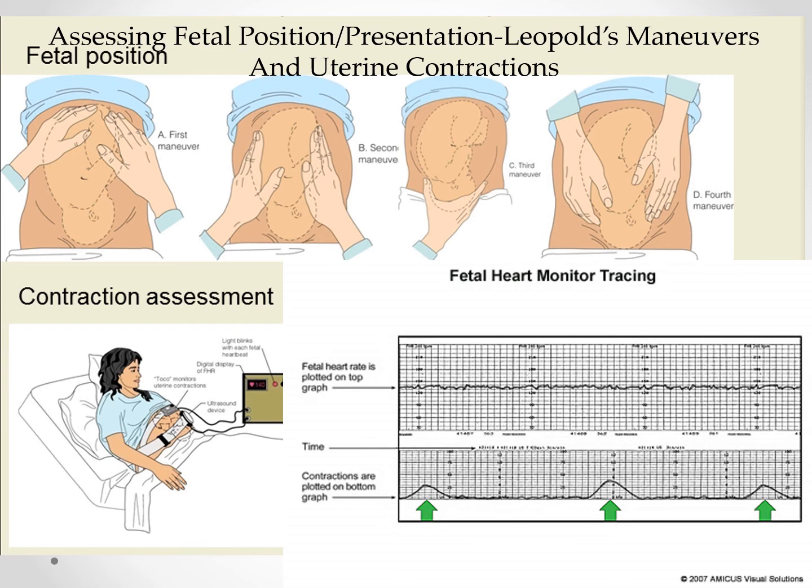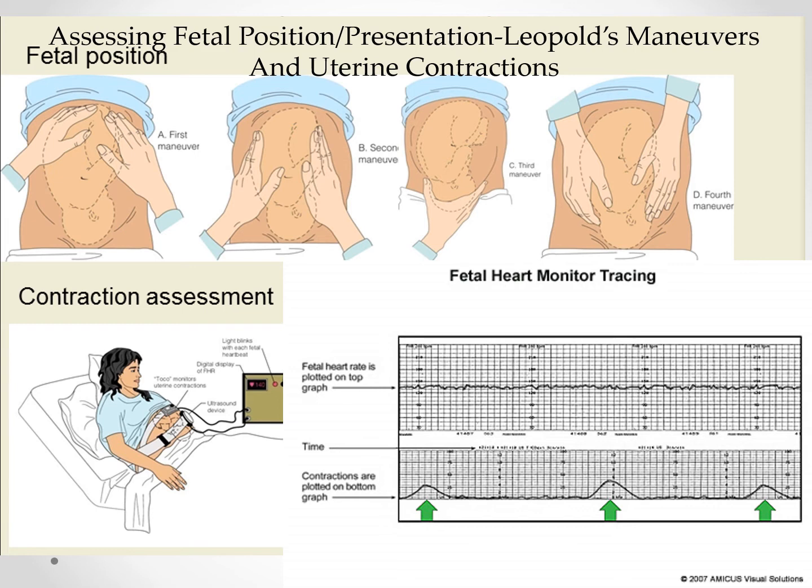And then we move on down to the sides, and again, feeling the smoothness of the back or the bumps of the arms, legs, knees, the extremities. And then finally, we kind of grasp right above the symphysis pubis to see if we can feel a head. You may only feel this when the head is not descended into the pelvis, so not engaged, she hasn't dropped yet.